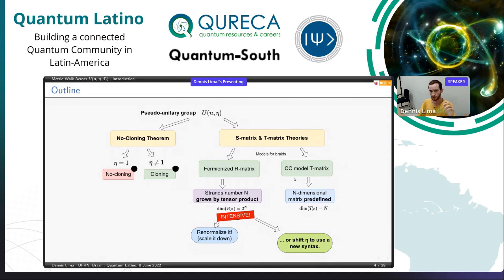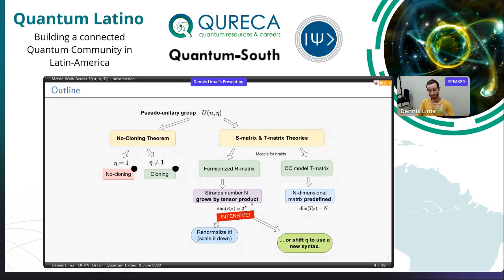And we have two separate models, one for a T matrix that has a predefined dimension for the model, and another that is an S matrix that comes from an ionized XX chain model. In this case, the dimension of our braid circuit, of our quantum circuit, is going to grow as a power of n, because when we want to increase the number of strands of our circuits, we perform tensor products.